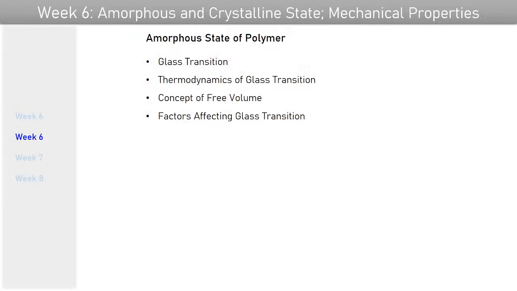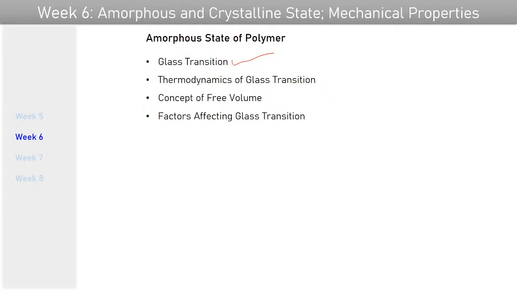In the next week, week 6, we discussed amorphous polymers as well as crystalline polymers. In amorphous polymers, we specifically focus on this very important phenomenon called the glass transition, which marks a transition from a hard and glassy rigid state of the polymer to a soft rubbery state.